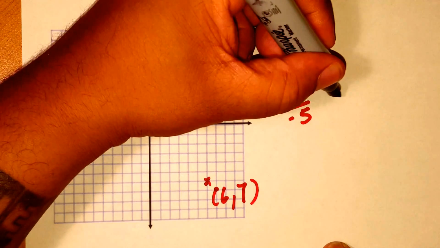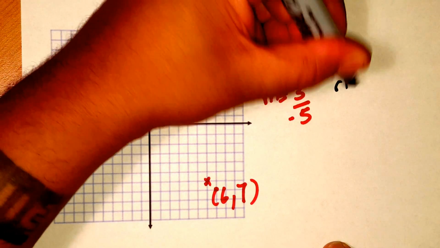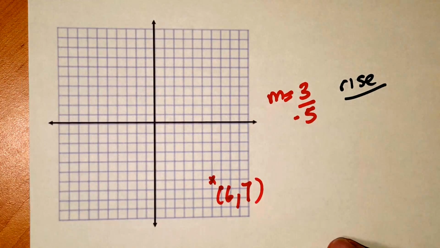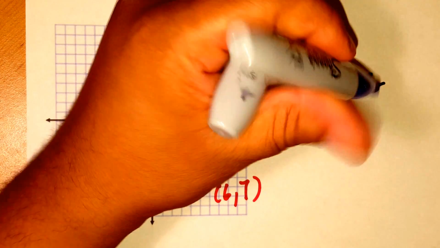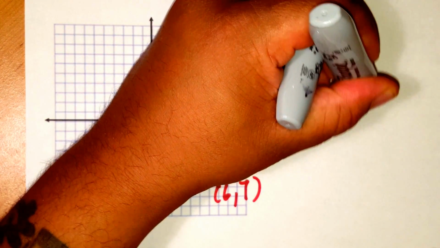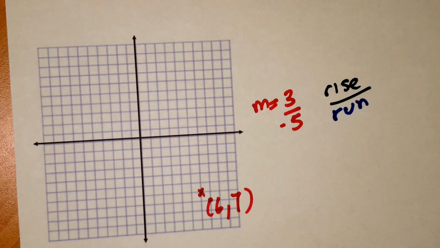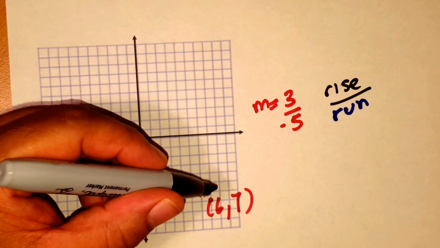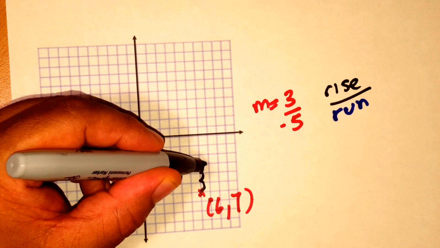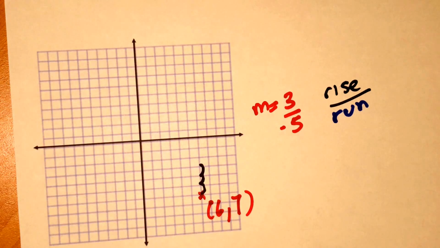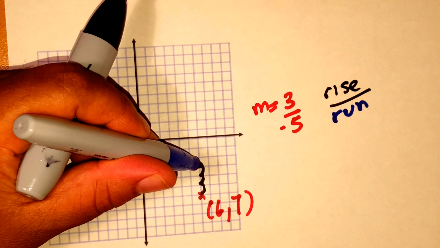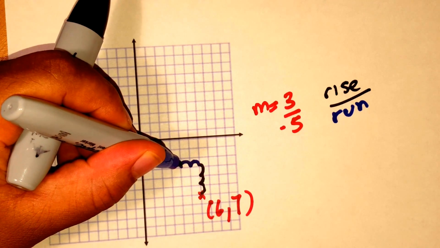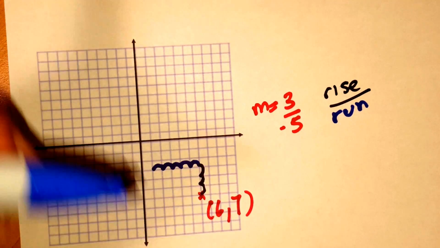Because again, slope is rise over run. All right, so we're going to go up 3. 1, 2, 3. And we are going to go to the left because it's a negative 5. 5 places. 1, 2, 3, 4, 5.